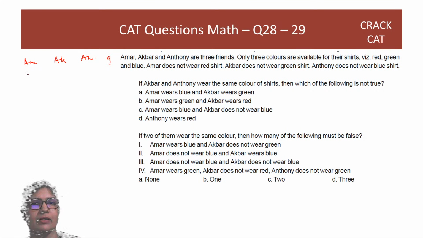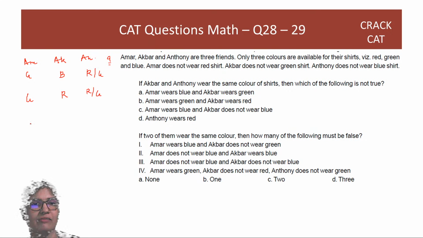So let's say Amar does not wear red, so Amar wears green. Akbar can wear blue or red, and Anthony can wear red or green. So from here you are getting 4 cases.